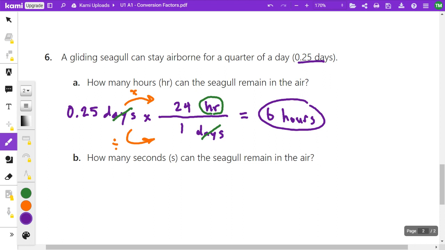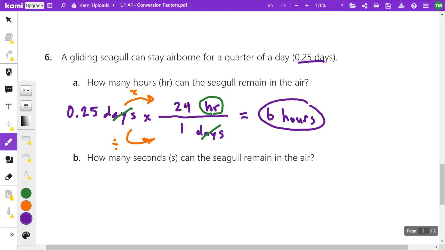However, making sure you have the unit conversion method like this helps us to take care of situations where the numbers are too difficult to just handle in our heads or to verify whether that sounds right or not, especially if we're using units that aren't super familiar to us. Now let's do one more where we want to try and figure out how many seconds the seagull can remain in the air.